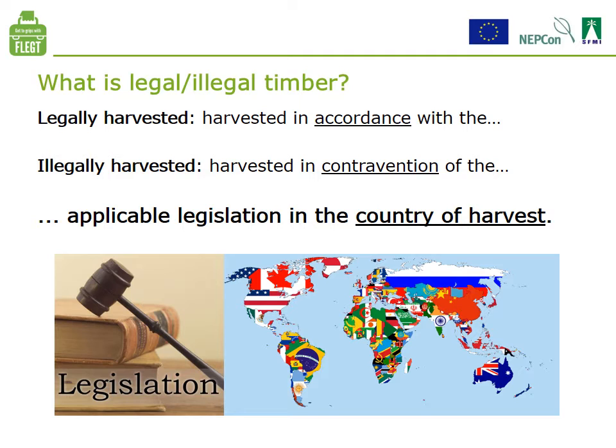This applies to all countries, regardless of whether the country of harvest is in the European Union or not. Of course, legally harvested timber is that which has been harvested in accordance with applicable legislation, and illegally harvested timber is that which has been harvested in contravention of the applicable legislation.